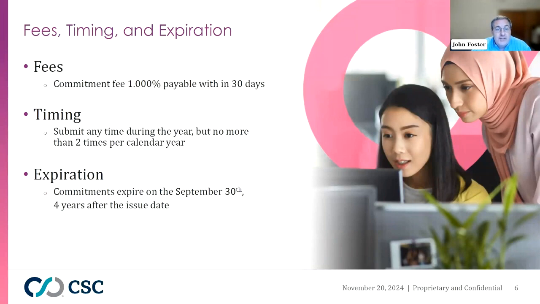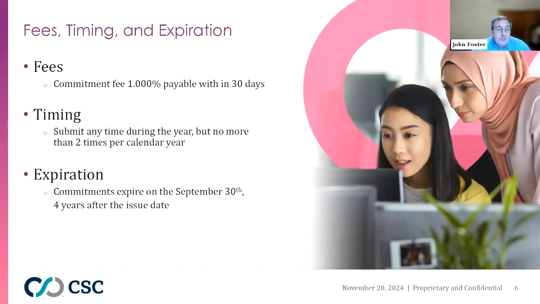For example, if you ask for a $50 million commitment, that means that the fund has to pay $500,000 out of its bank account before it can borrow from the SBA. If the fund doesn't have $500,000 sitting idle, then the fund needs to do a capital call just for that purpose. So because of this, managers don't necessarily rush into requesting as high a commitment amount as they can up front.